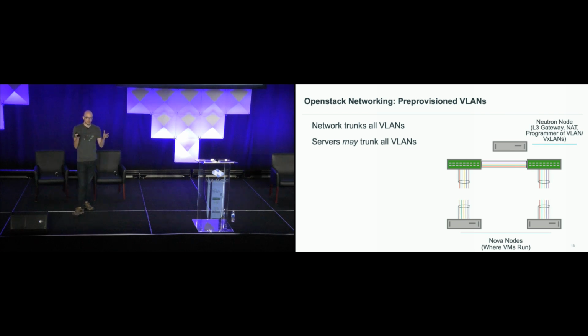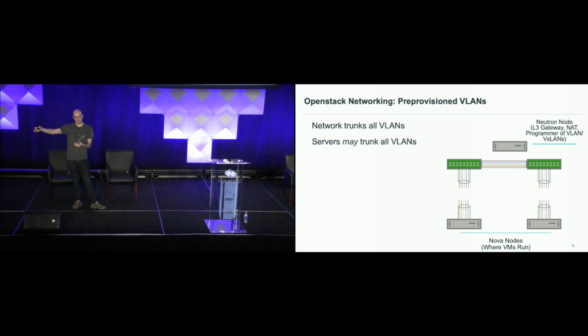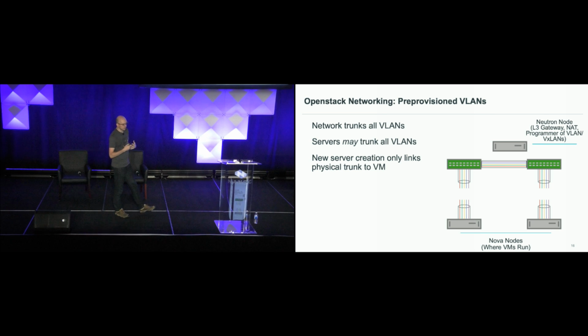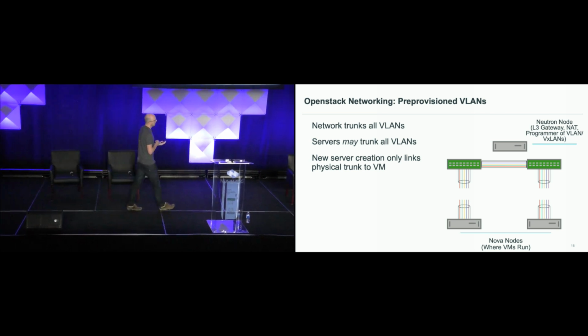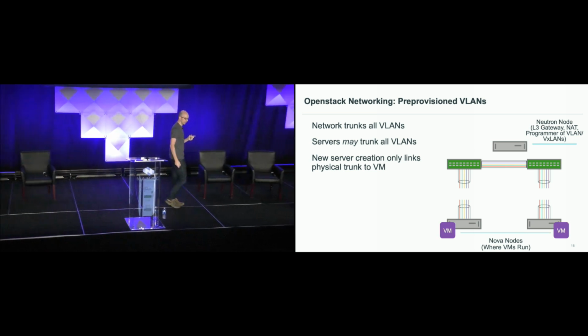And so this is what my baseline looks like before any VMs exist. I have a physical bare metal server with a trunk allowing all VLANs north up to the switch. I have a switch with trunks allowing all VLANs down to the servers, and trunks allowing all VLANs on the inner switch links. When a server creates a VM, the only thing that changes is attaching that VM to the network.